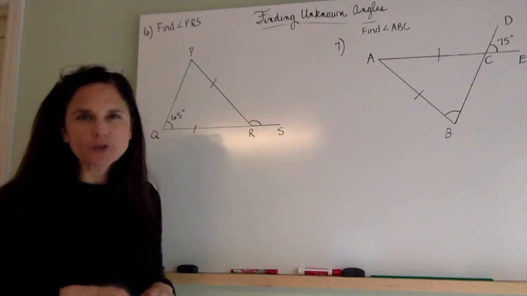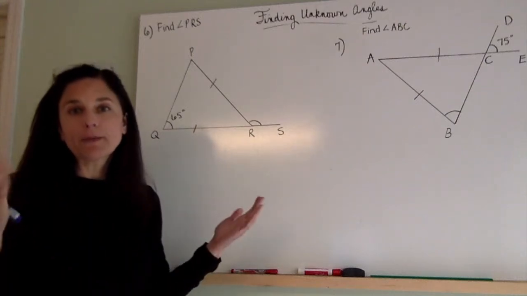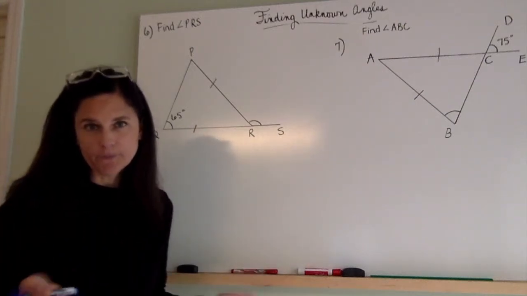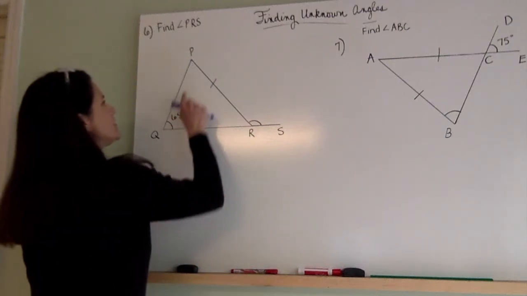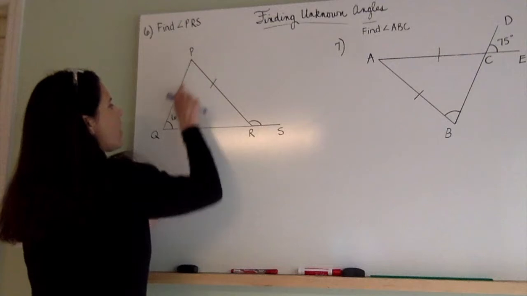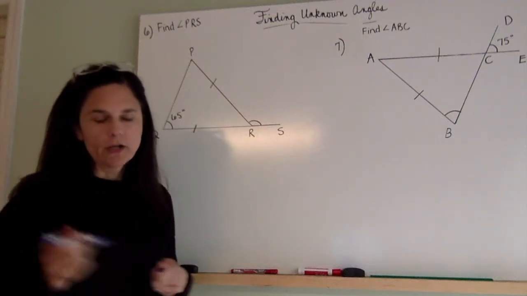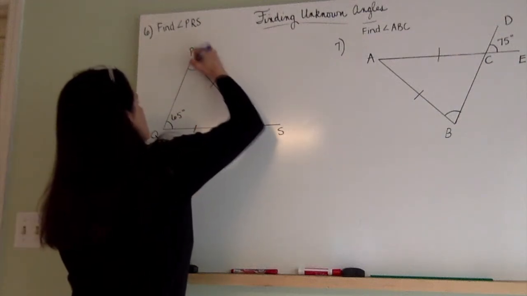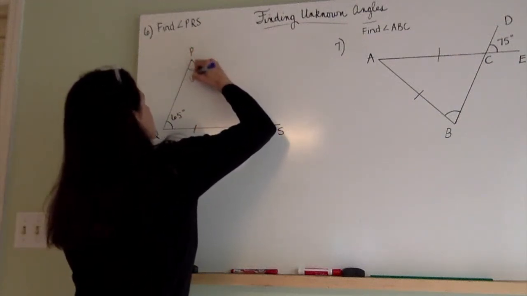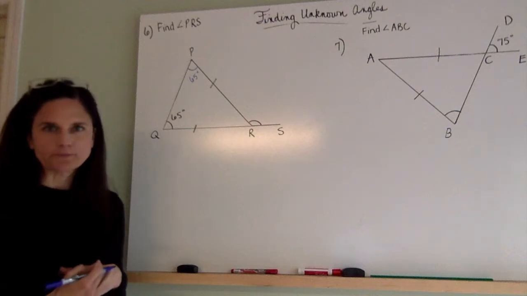And if two sides are equal in a triangle, we know that it's an isosceles triangle. And if it's an isosceles triangle, we know that these two angles are equal to one another. That's just one of the properties we learned. So we can go ahead and mark this angle as 65 degrees also.